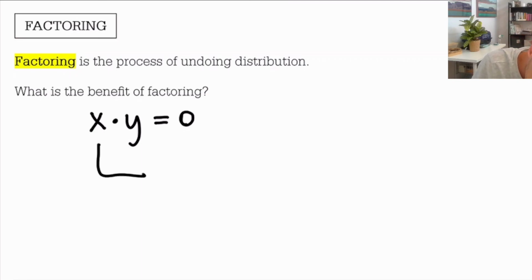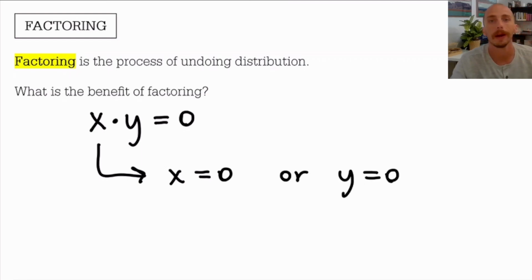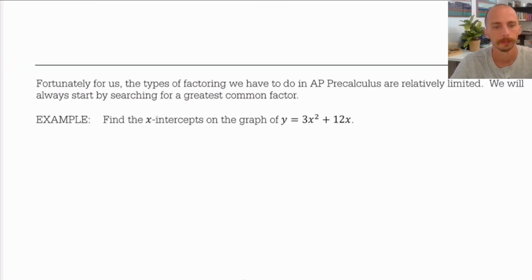So this means necessarily that either x is equal to 0 or y is equal to 0. So if I went back to that example of x squared plus 6x plus 5 equals 0, and I wasn't able to solve it directly by doing the same thing to both sides of the equation, if I could write it as the product of two binomials, maybe I could solve the binomials. That's the principle here. So let's go in and do this a little bit.